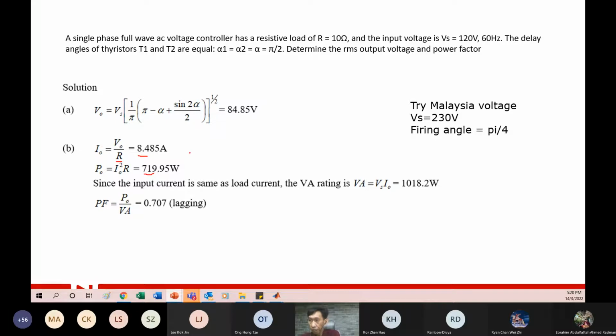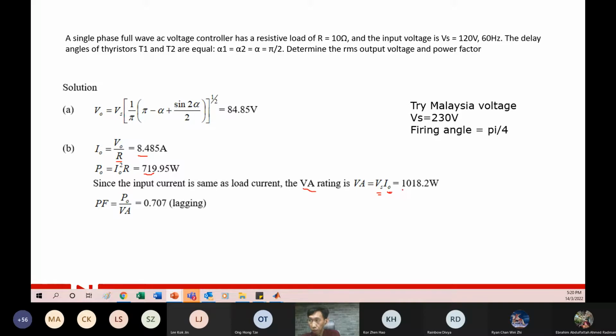After that, we need to calculate the input power. As we know, the input current is the same, because it's a series circuit. So the VA, the apparent power rating, will be VS multiplied by IO, because the current is the same in series.